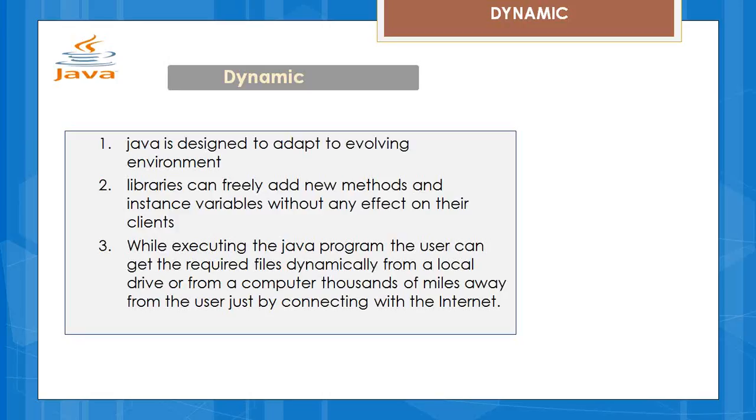That means Java is so flexible that if it is connected to the internet, or it has its own environment in which it runs, it will search for the libraries and freely add the required libraries for its execution. How it does that, we will do in programming, but it is a dynamic language which will never interrupt saying a library is not available. Either it will fetch the library from its working environment or from the internet, wherever the path is available. It is able to do that during runtime. So whenever the word dynamic comes, it always talks about runtime.